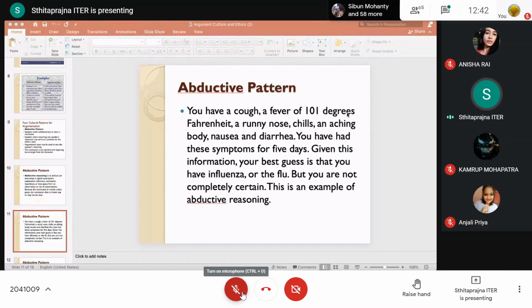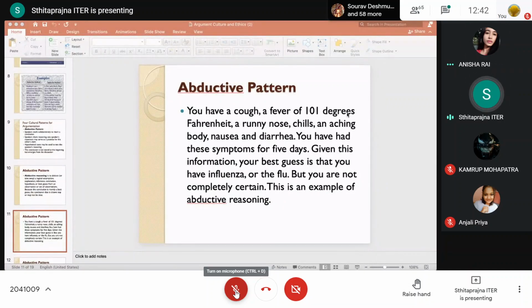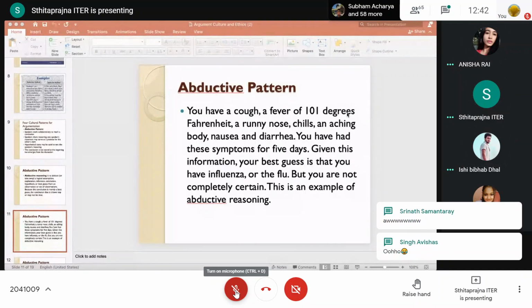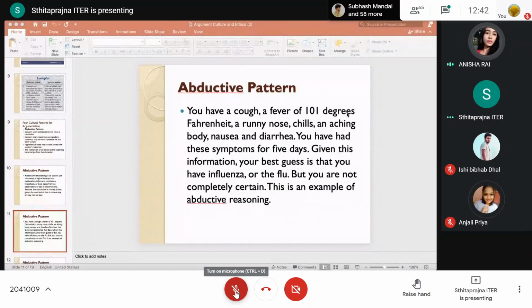Anyway, okay. But Anisha, who three are best friends? Ma'am, Anisha, Anjali, and Ishi. Oh, okay. Right. You can say enemy, but you cannot say best friends. I don't consider you as friends. I don't consider you as an enemy.